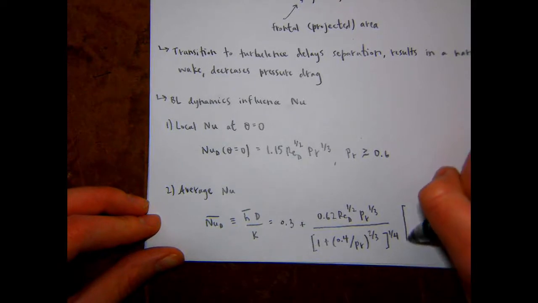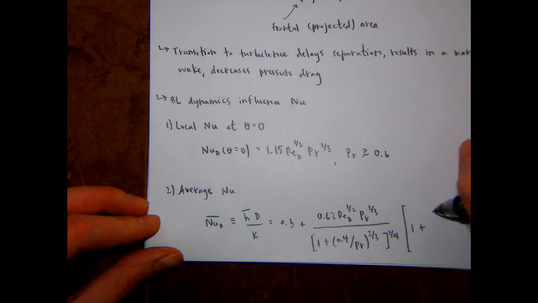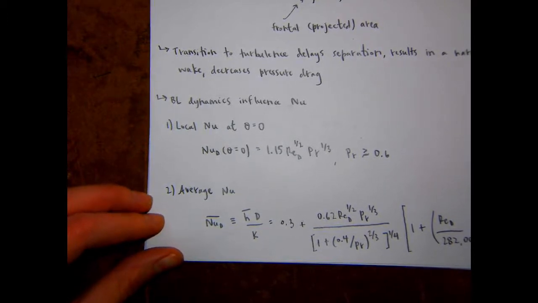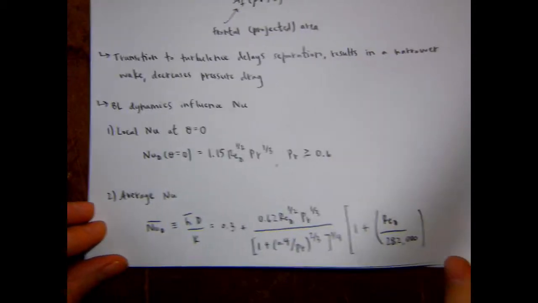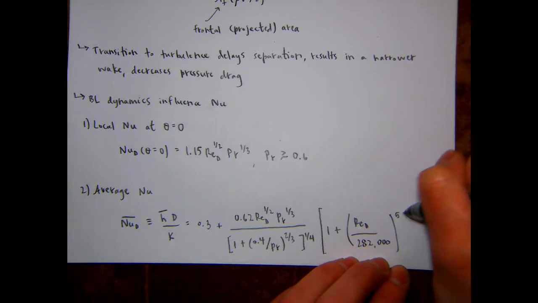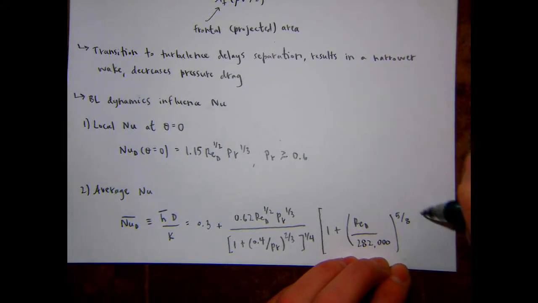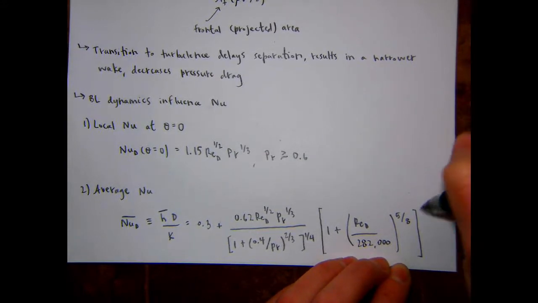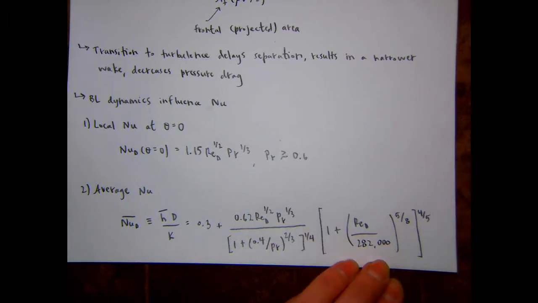And then that whole thing multiplied by 1 plus the Reynolds number over 282,000 to the 5/8, that whole thing to the 4/5. Gotta love empirical correlations, right?